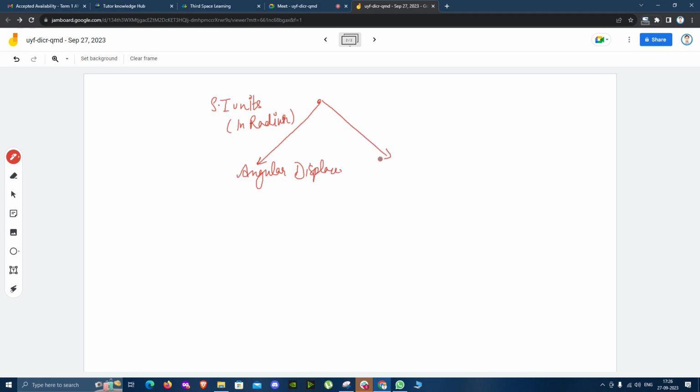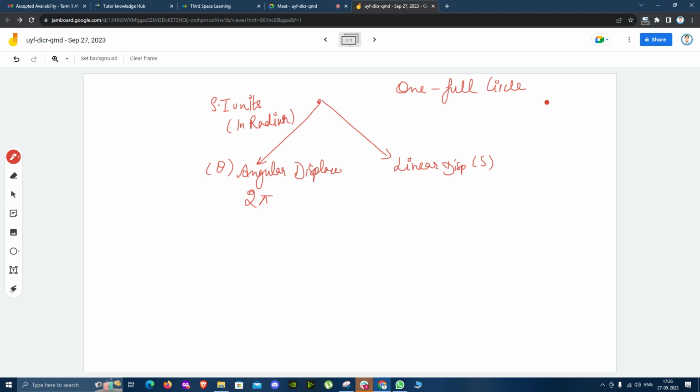On the other hand, we have linear displacement, for which we use the symbol S. And for angular displacement, we use theta. Let's see the relation. For one full circle, we have 360 degree, which we know for sure is written in radian as 2 pi.